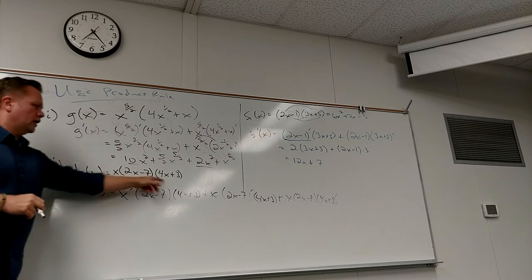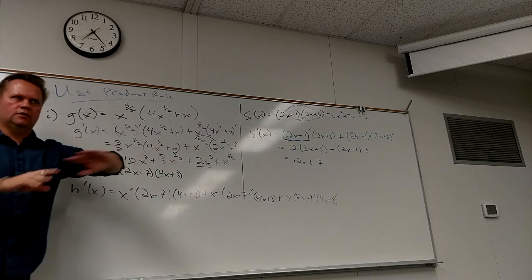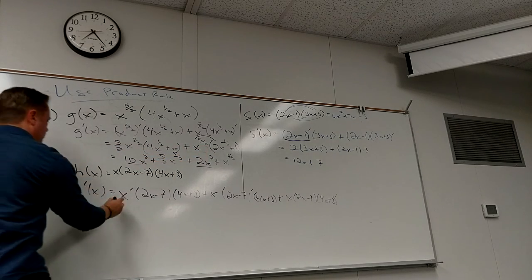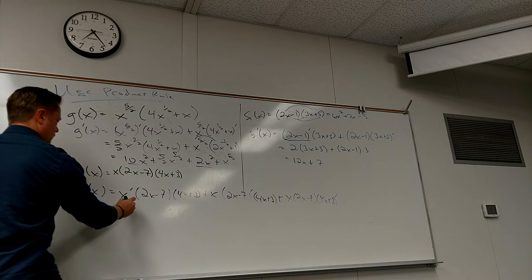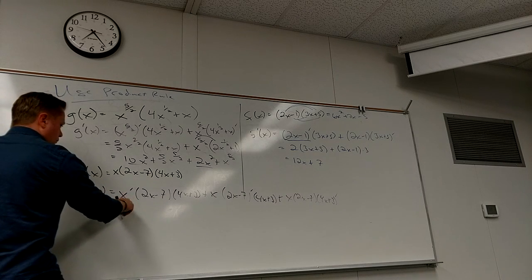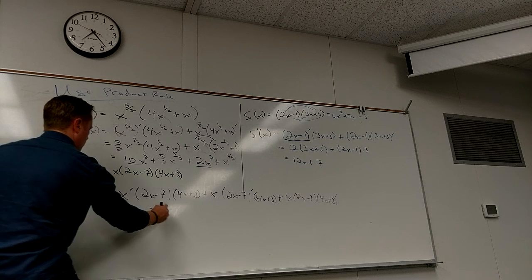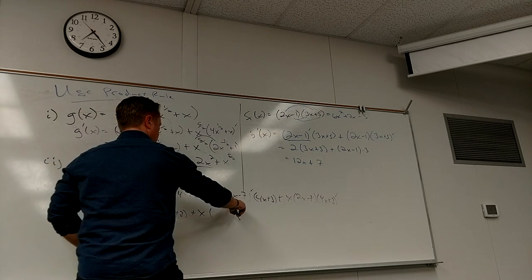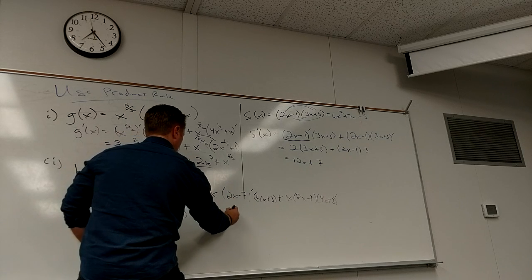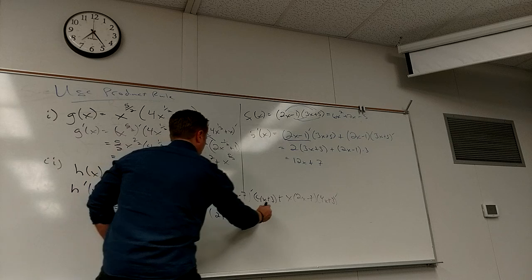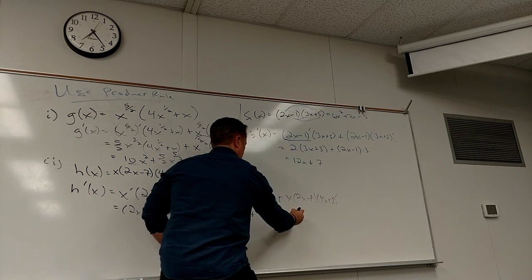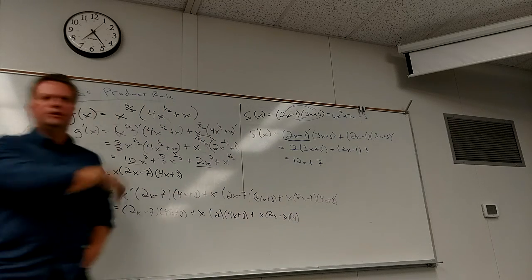However many terms you have, you're going to end up with that many terms separated by pluses. So then I get x prime, of course, is just 1, plus x. What's the derivative of this? 2, plus x times 2x minus 7 times derivative of this is 4. And then you can clean that up.